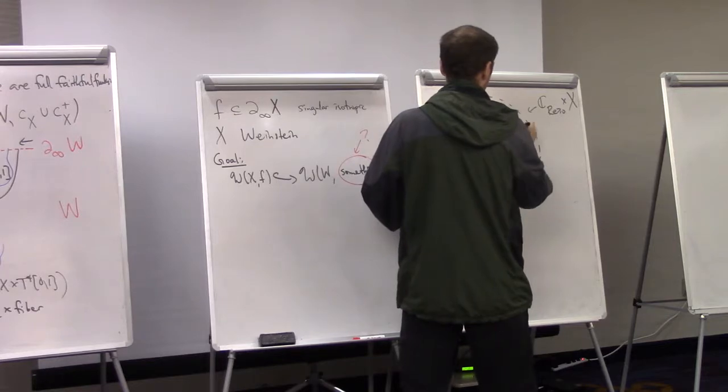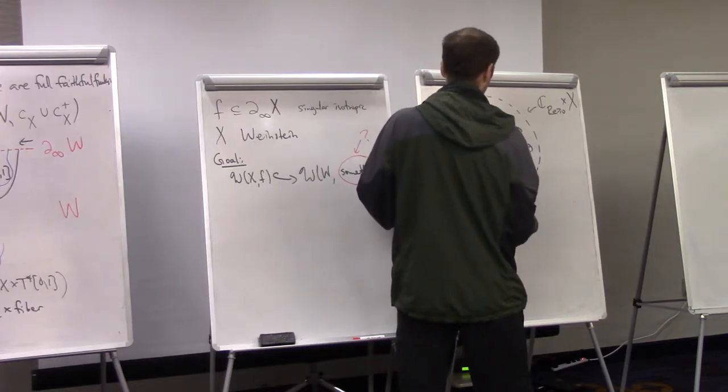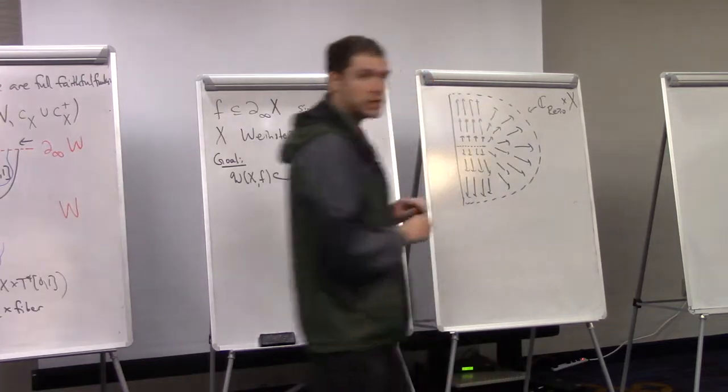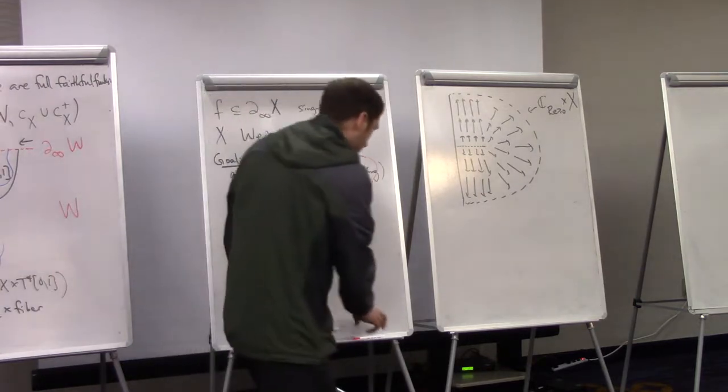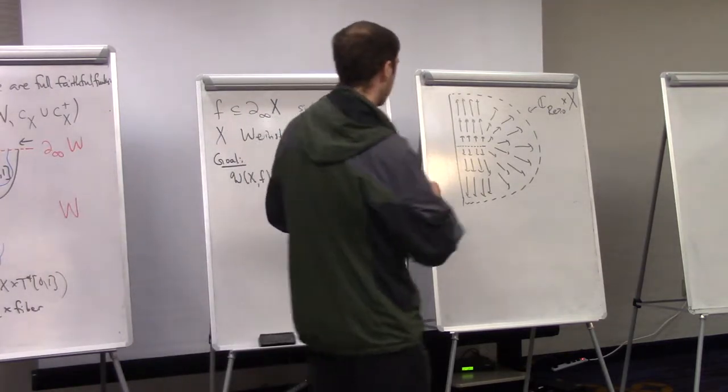Now it's radial, using this Liouville vector field. So now I want to consider the following.